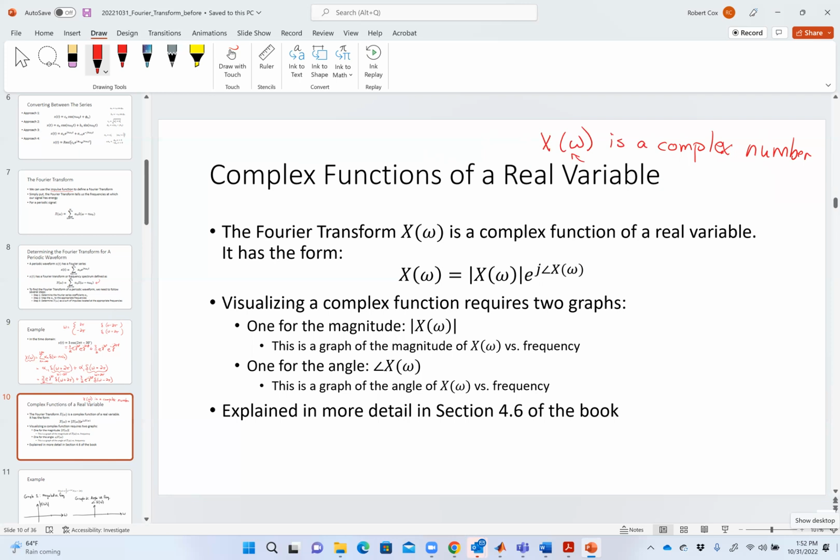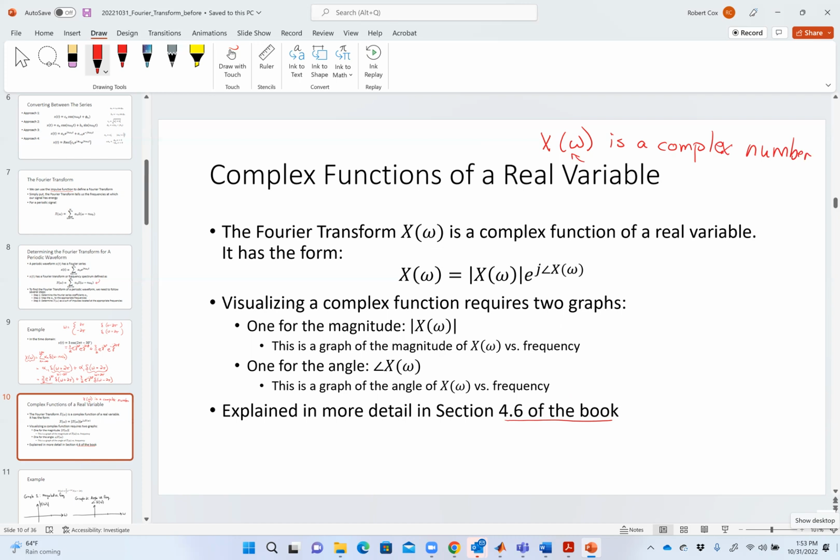So that means if I wanted to visualize this, if I wanted to graph this, I have to make two graphs, right? One for the magnitude and one for the angle. They have to be completely separate. Now, this idea of a complex function of a real variable is described in section 4.6 in the book.